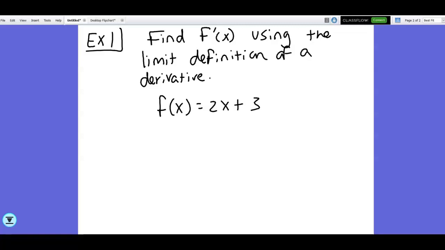So don't write this, but just watch with me for a second here, and you guys answer the question. Can somebody tell me what is f prime? I hope everybody can. F prime is just 2. Okay? The derivative of this is 2, and the derivative of this is 0, so we're just left with 2. Okay, so that took us a grand total of what? 2 seconds?